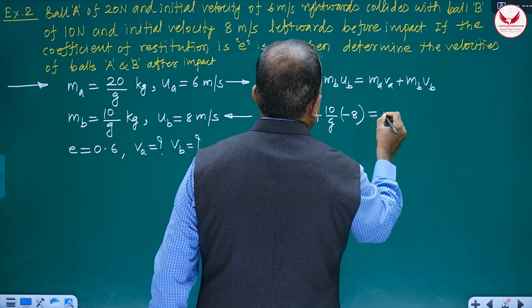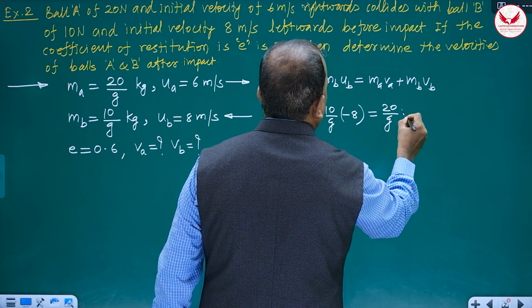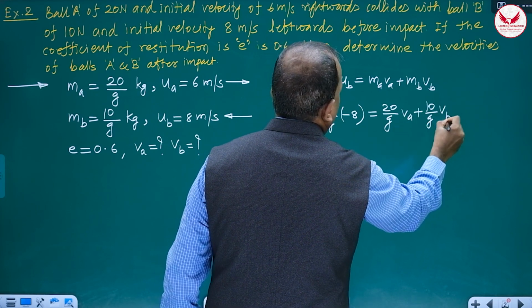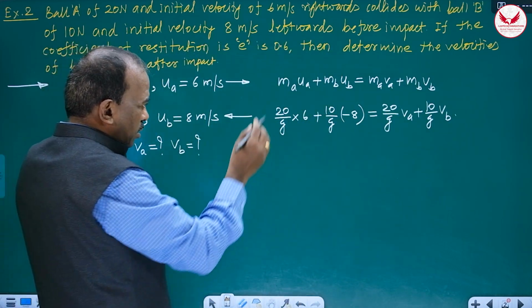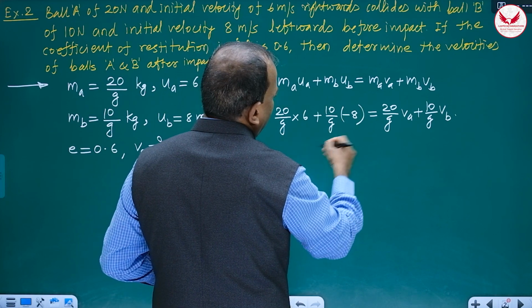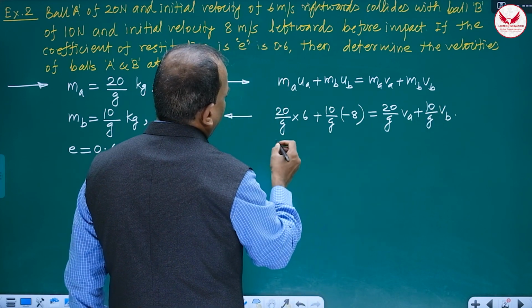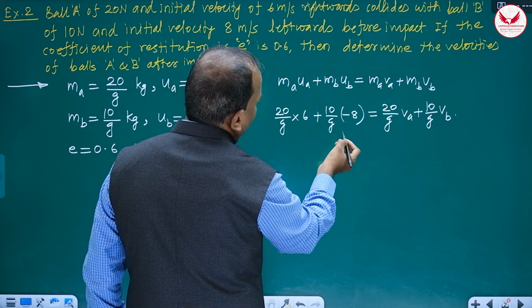It is equal to 20 by G VA plus 10 by G VB. Means from this what we'll get? So this 10 by G is common in all the terms. So here we'll get 2 into 6, 12. 12 minus 8, 4.